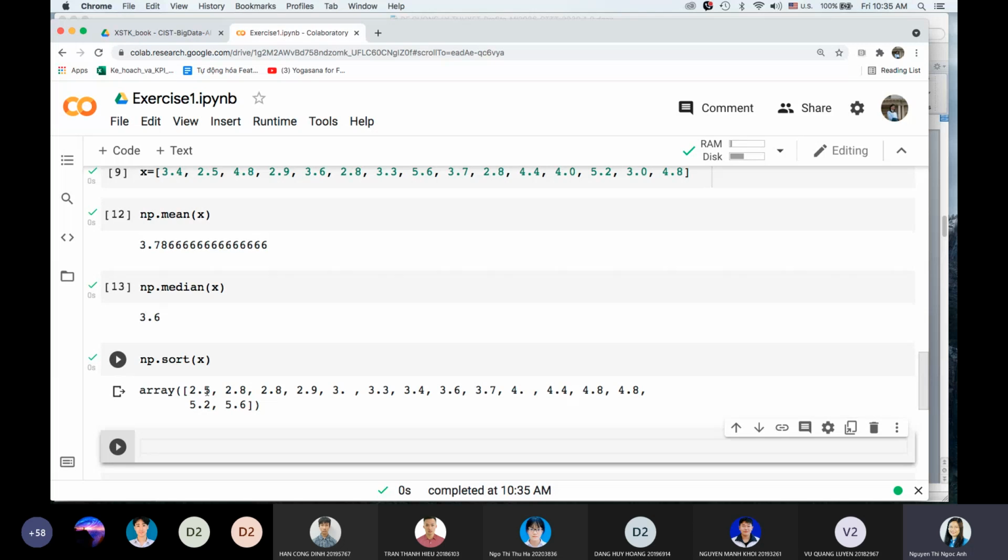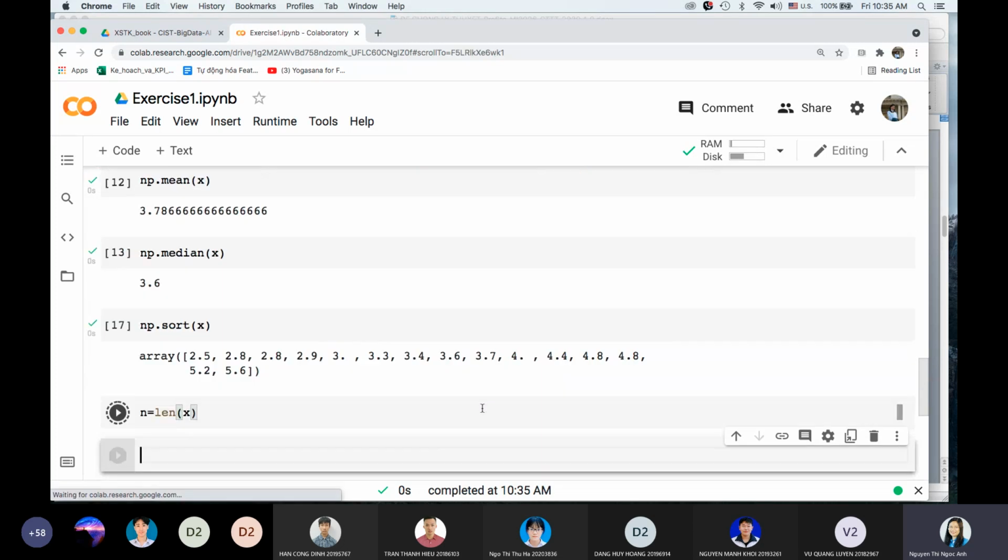Now you see that the sample is sorted from small to large. From this, we will find the sample size. I call it n, the length of x.